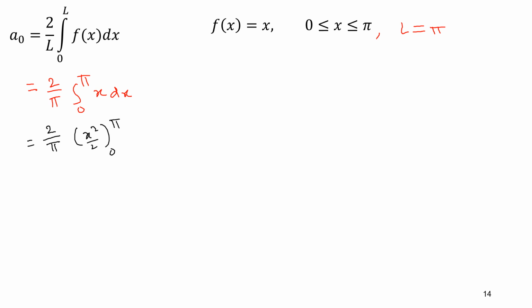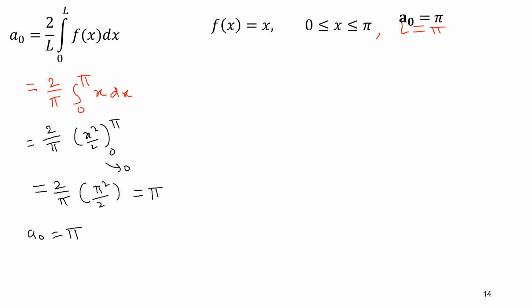Obviously for the lower limit it will be 0, and for the upper limit it will be pi square by 2. So it is 2 by pi, then pi square divided by 2. So that gives 1, pi gets cancelled, and we get the value of a0 as pi. So a0 is pi.